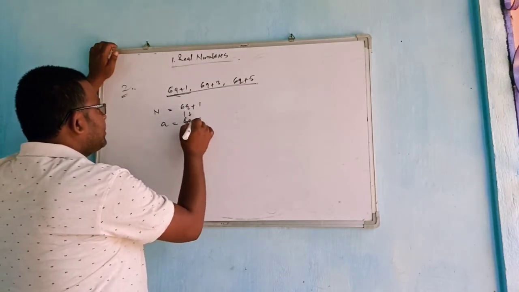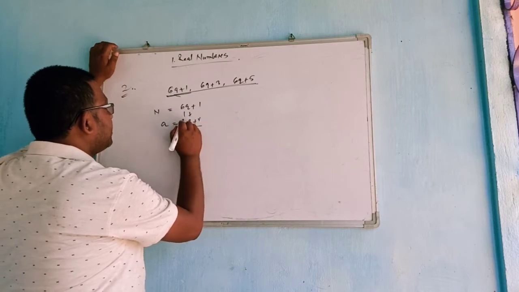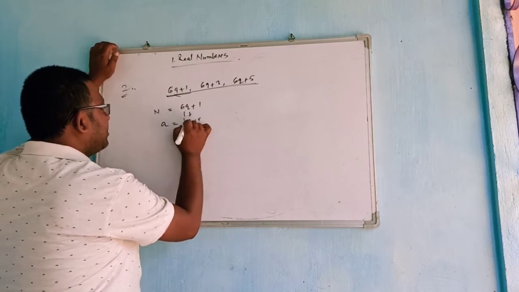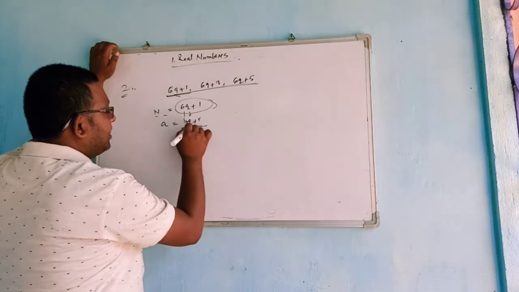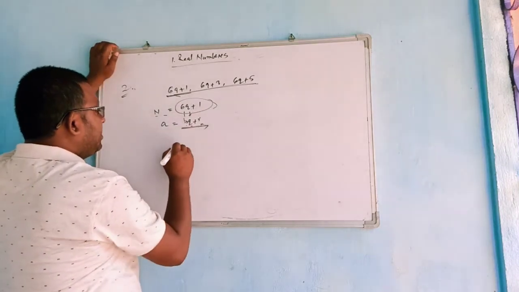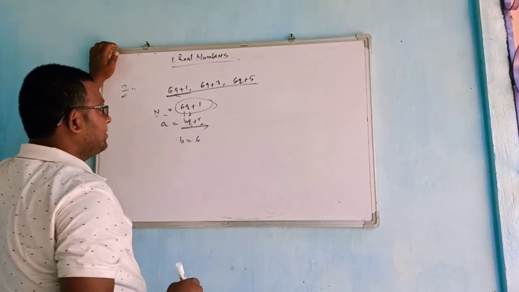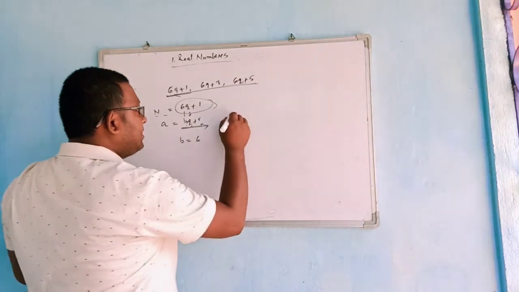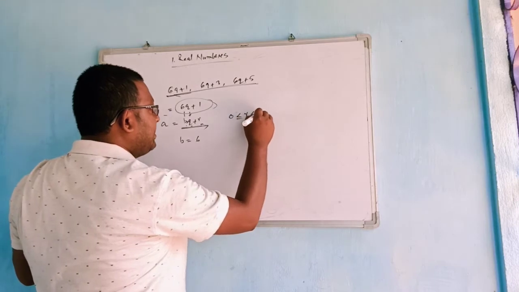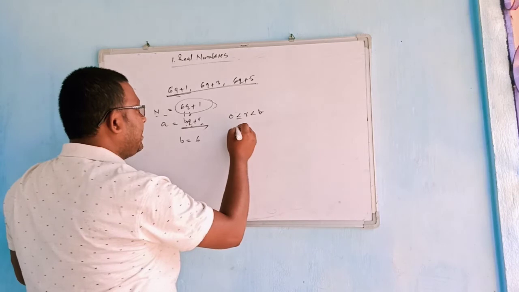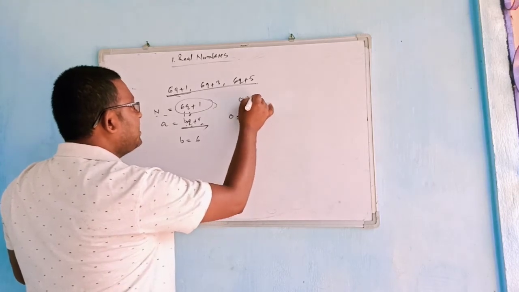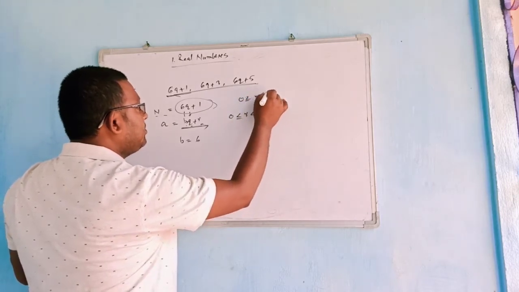Comparing 6q plus 1 with Euclid's division lemma, b equals 6, and our condition is 0 less than or equal to r less than b.